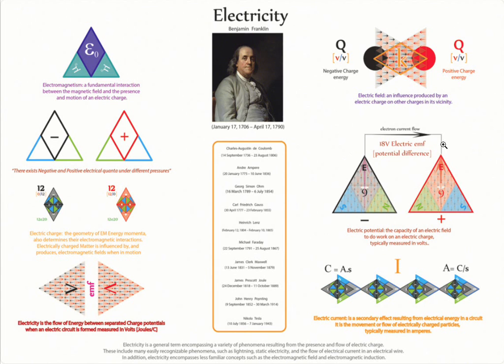And of course, once the electric field's established, any charged particle within that field of energy momenta or electricity will be accelerated due to the force applied to that charge by the energy momenta within the field. And again, whether it's divergent or convergent depends on which pole you reference it to, as to whether one's a sink or one's a source. Again, sink, source, electron flow versus conventional current flow.